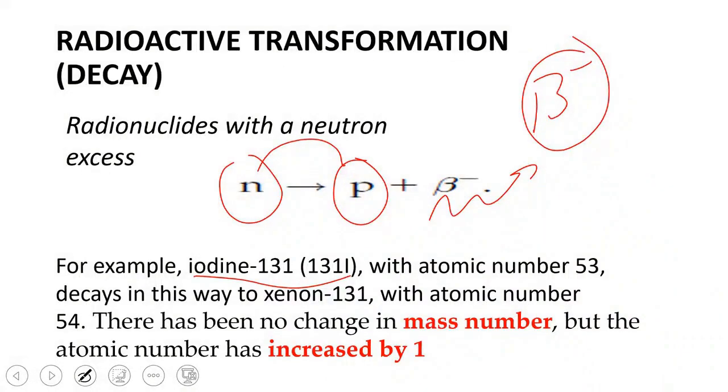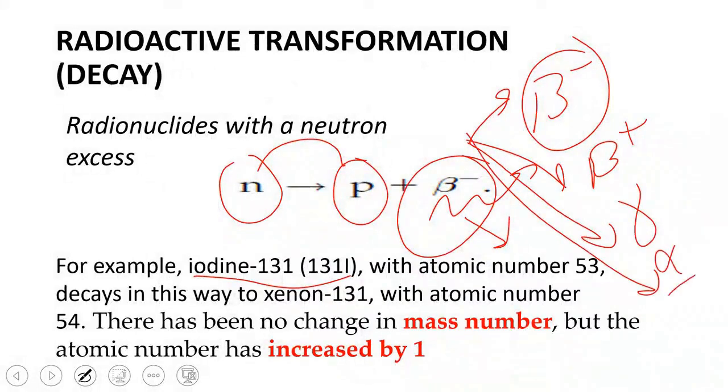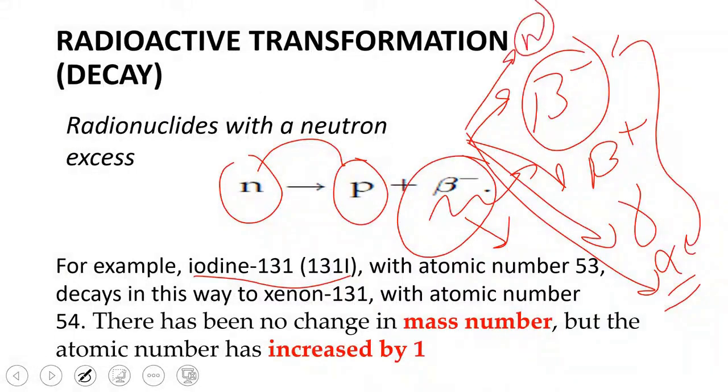Millimeters, what does that mean? Beta particles are considered a type of energy, a form of radiation. I have beta minus, I have beta plus, I have gamma, I have alpha. These are the main categories. There are also neutrons, but that's not our topic right now.